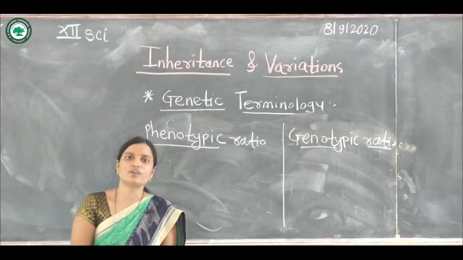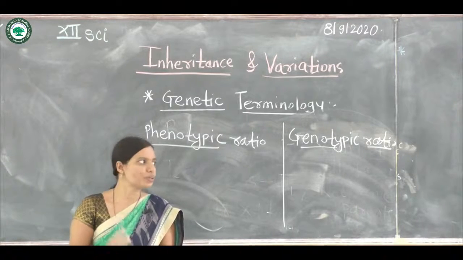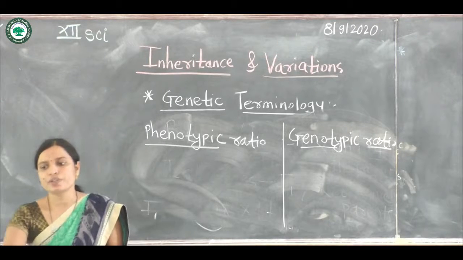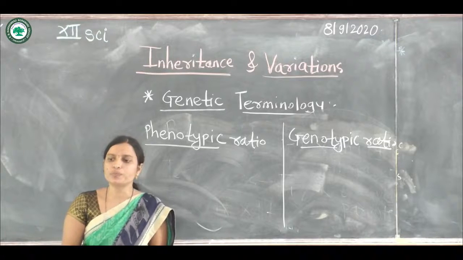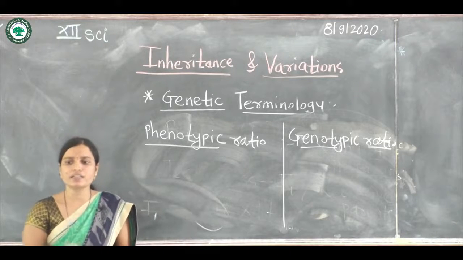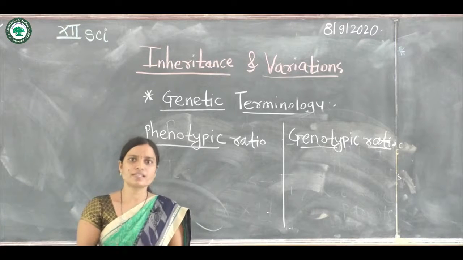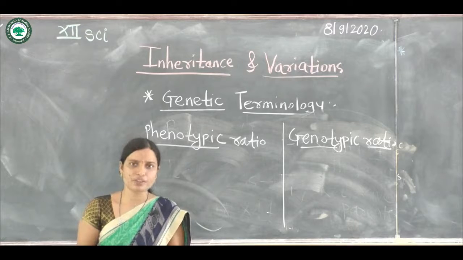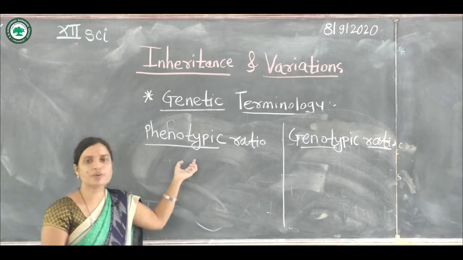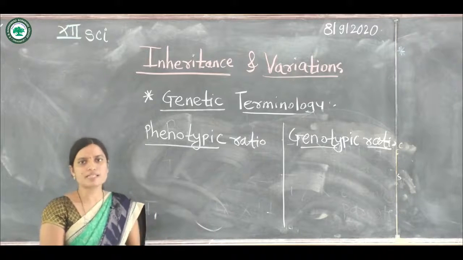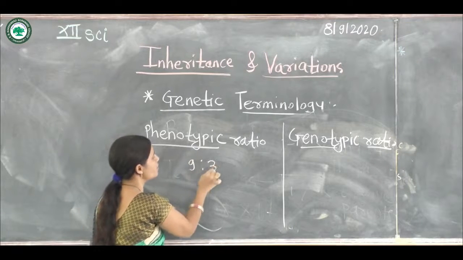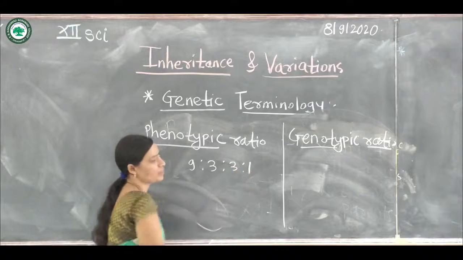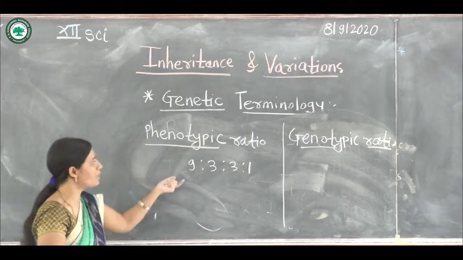The phenotypic ratio is the physical appearance of individuals, for example ratios like 9:3:3:1 in a dihybrid cross.